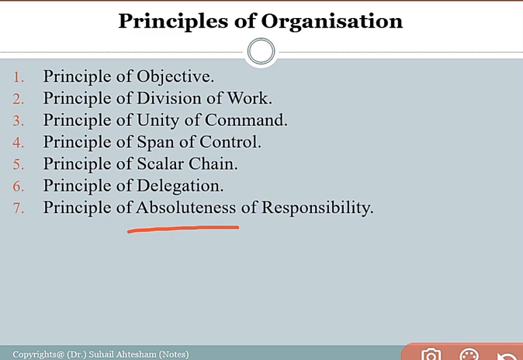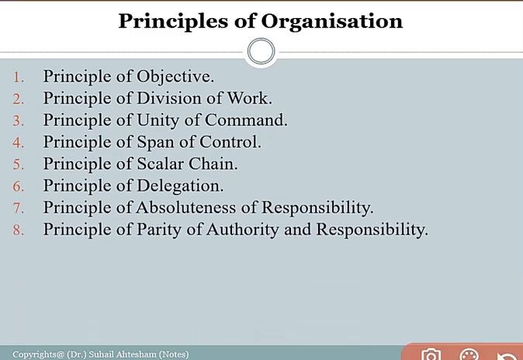So there must be proper well-defined objectives, well-defined goals, and all the employees who are working for the organization should work in the right manner, and there should be proper delegation and proper responsibility and accountability of the employees in such a manner that there is no sense of excuses, right? The employee who is working for the organization for a particular task should not give any excuses, and he is responsible and accountable for the task he has to perform in the organization.